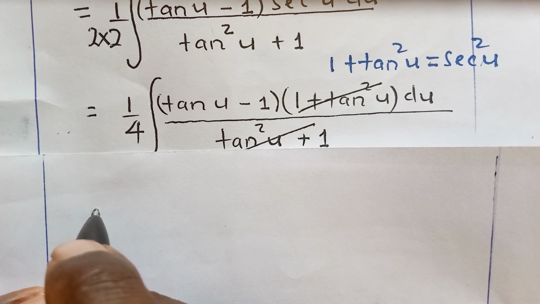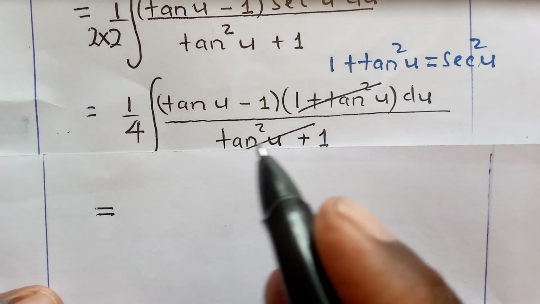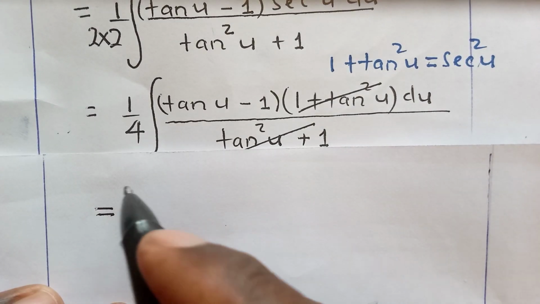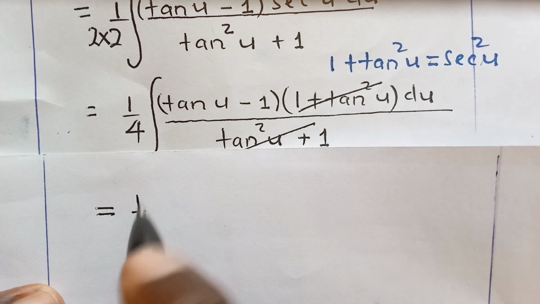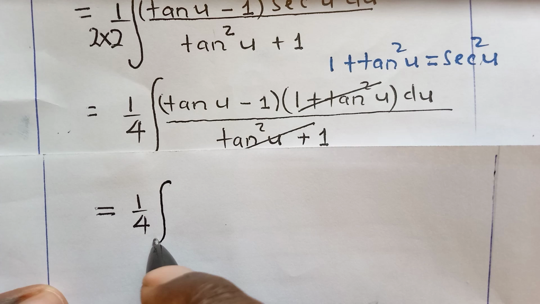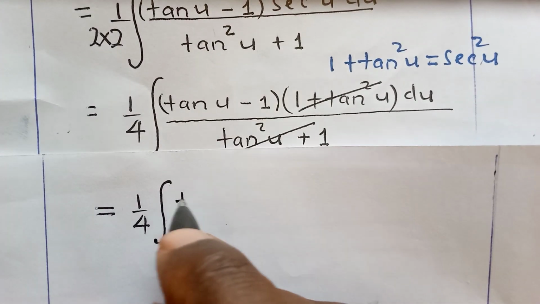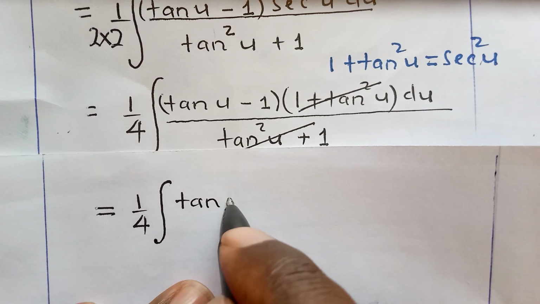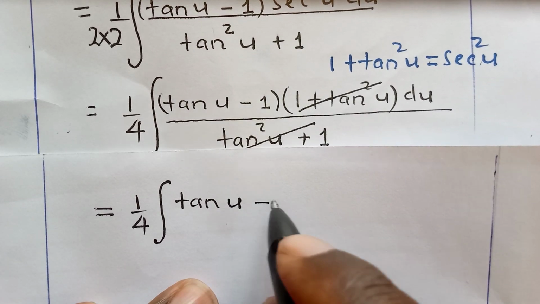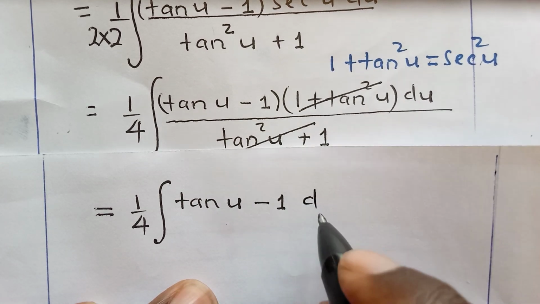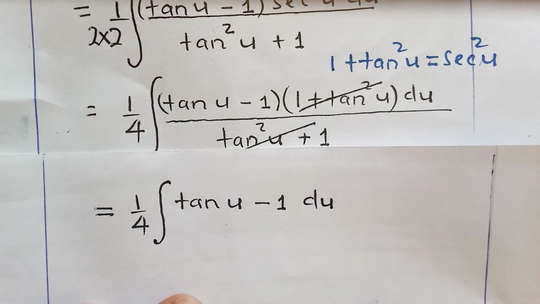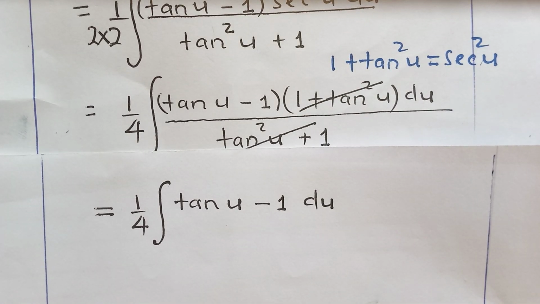Now we can write the remaining expression, which is now 1 over 4 integral of tan u minus 1 du. So this is what now guys we are going to integrate.